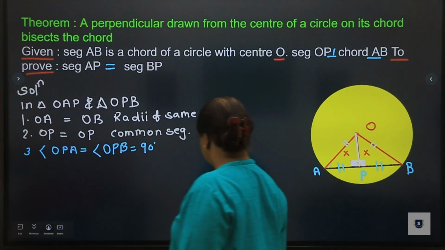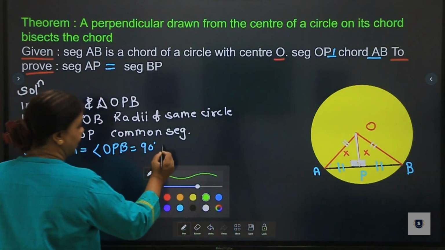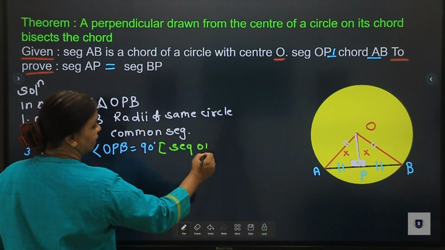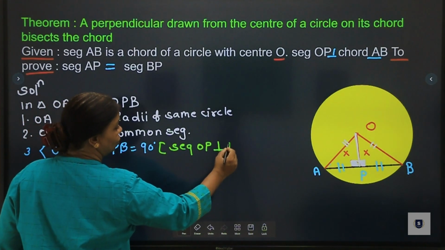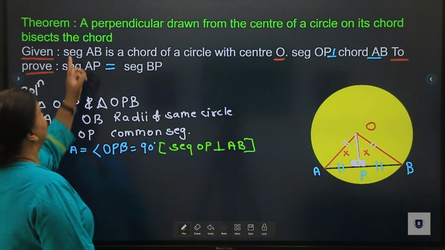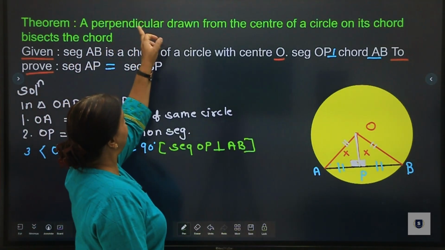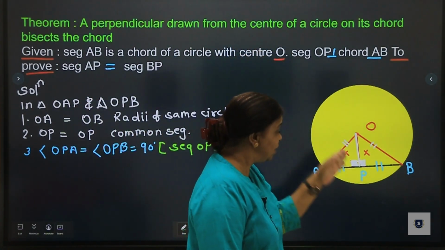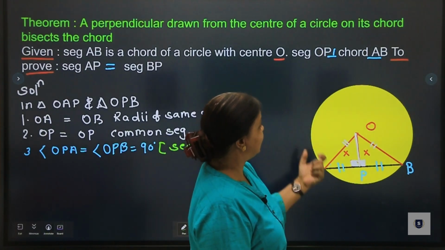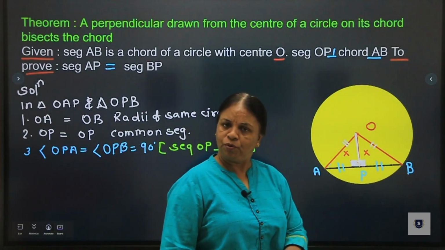So we can write here the reason that segment OP is perpendicular to AB. This is given because the statement says a perpendicular drawn from the center to the chord. Okay, and what is the proof? Bisect the chord, means AP is equal to PB, you have to prove.